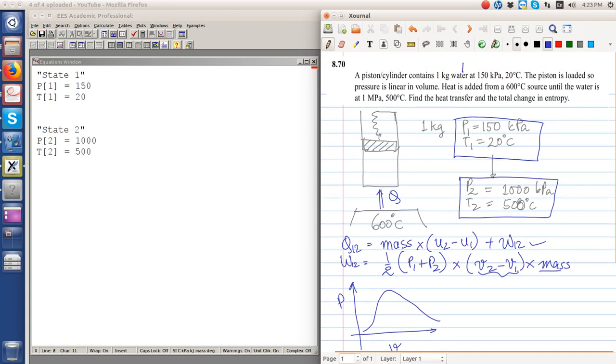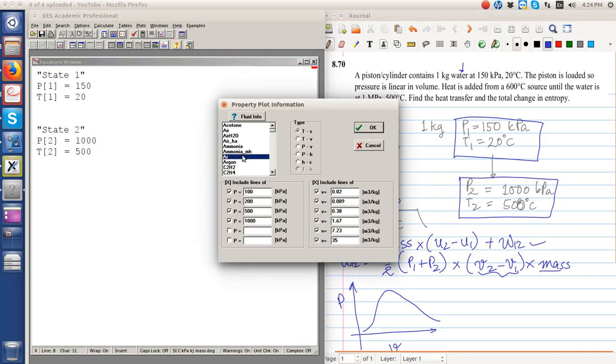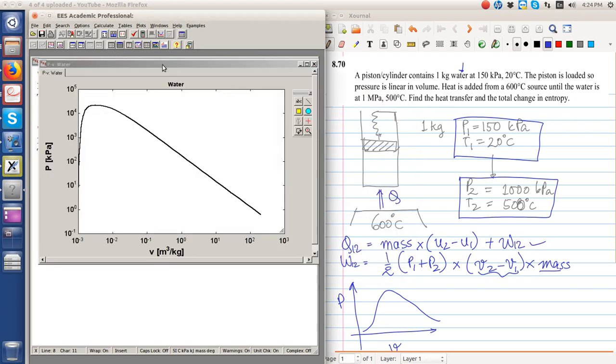So it is water. So we go ahead and we do the property plot for water. Don't include the lines, so we want to do a PV. Okay, there we are.